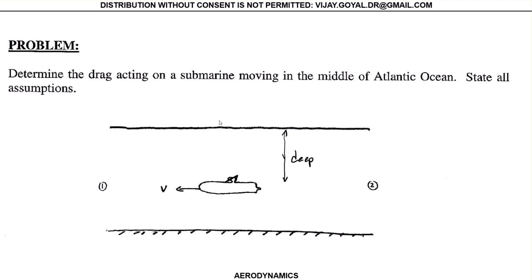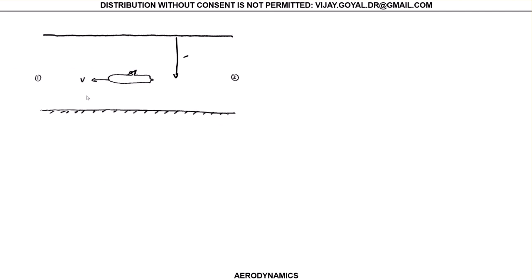We want to state all the possible assumptions in this problem. The first assumption is that all the properties at one are identically equal to the properties at two.